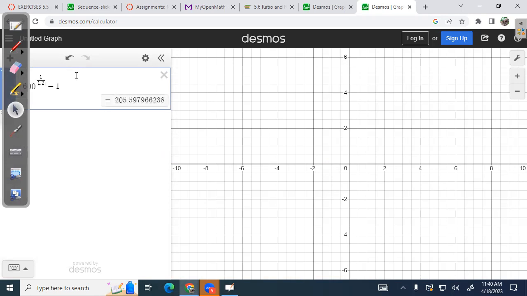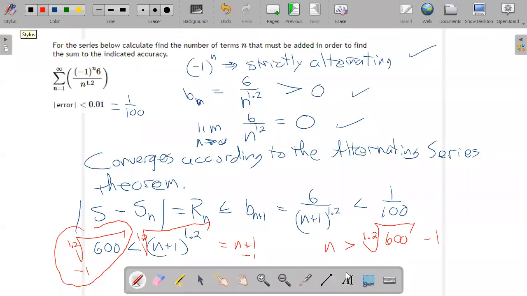So I get n should be bigger than 205.597. So I would say n should be about 206. Now we have to test to see if that's reasonable. So I think that n should be greater than or equal to 206. Let's look at the 206th partial sum and the 207th partial sum and see if they are indeed about 100th apart.